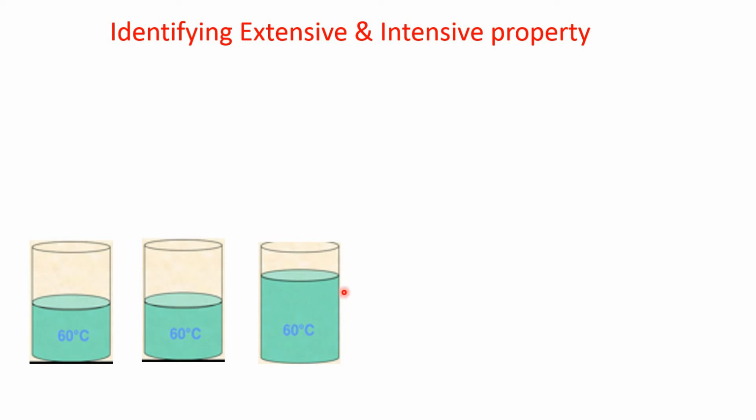When both are taken in this beaker, we get 200 milliliter liquid at 60 degrees centigrade. When these two identical samples are put together and the volume becomes double, I can say it is an extensive property.